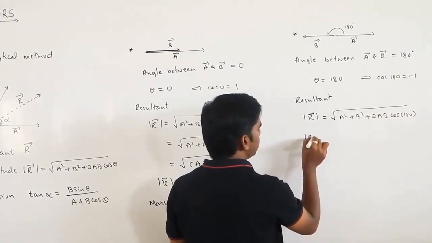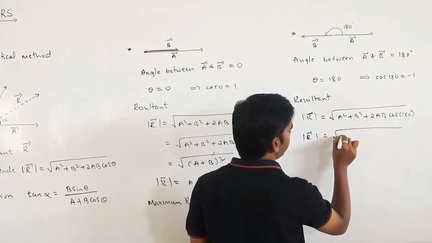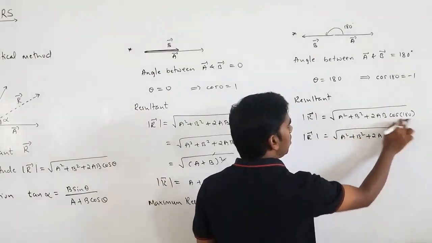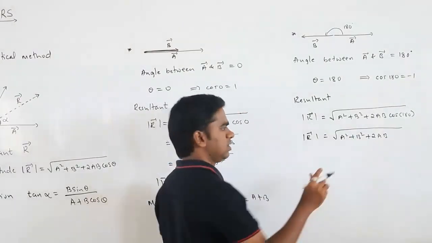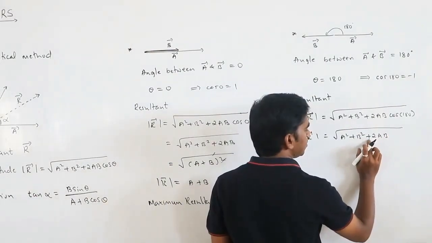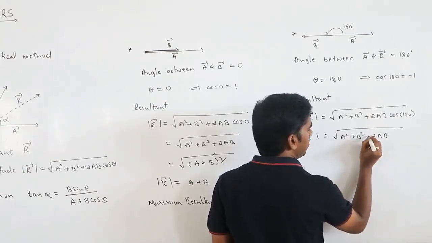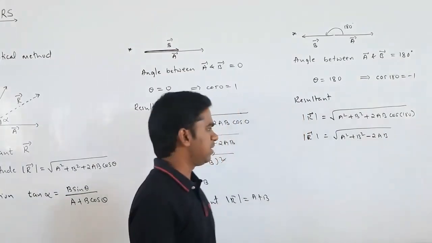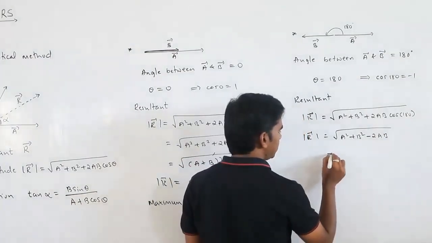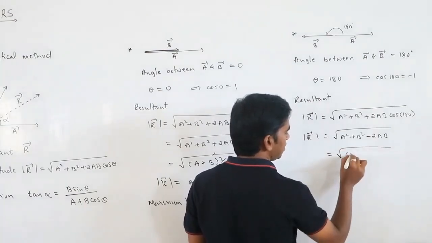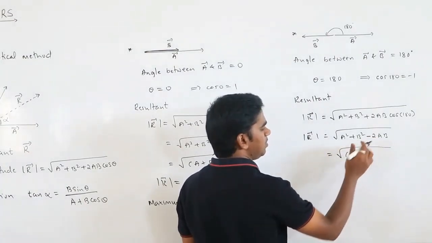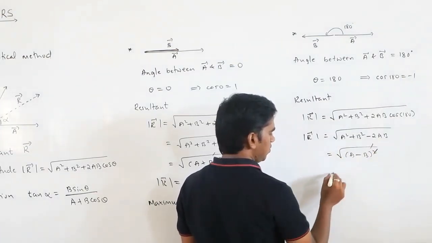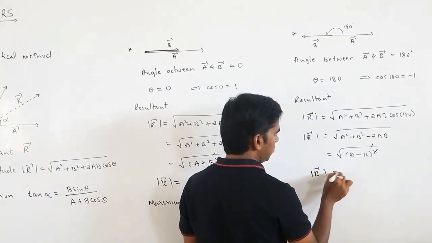Cos 180 means minus 1, so the plus 2AB will become minus. Don't get confused over here. Can I write A square plus B square minus 2AB as A minus B the whole square? So the square root will get cancelled. So the resultant is what?